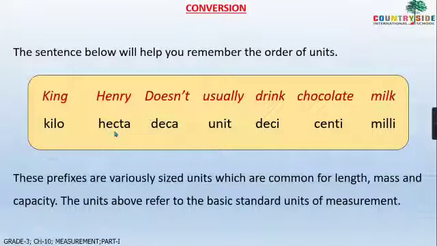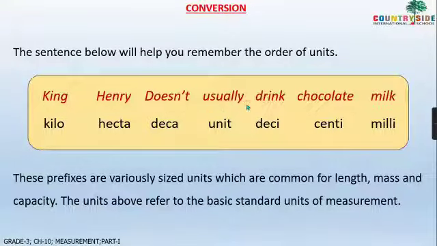The second unit was hecto. Then doesn't: D for doesn't, D for deca. The third unit in that staircase was deca.